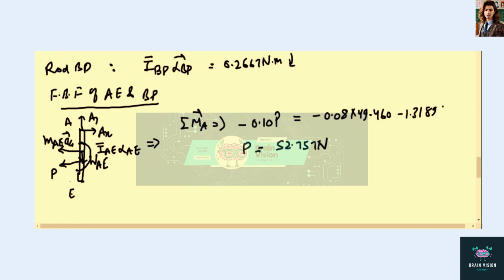Now we will discuss the BP rod. This is BP, P point, B point. This is the direction of P. This is its center H. So here its weight will act, 9.81 Newton. It has the couple M, and reactions By and Bx.